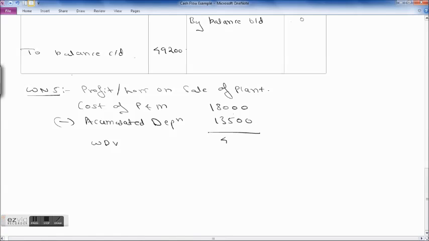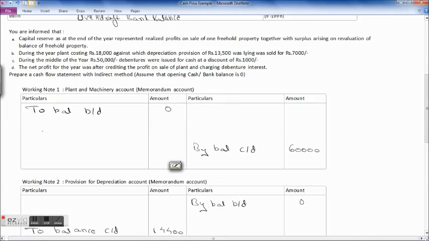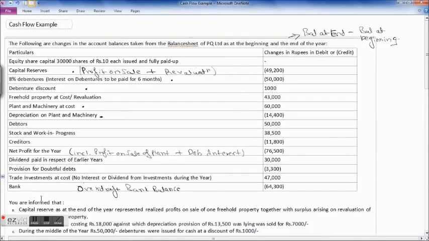WDV is 4,500. Right, now what is the cost at which it is sold less sales price? How much is the sales price? 7,000.